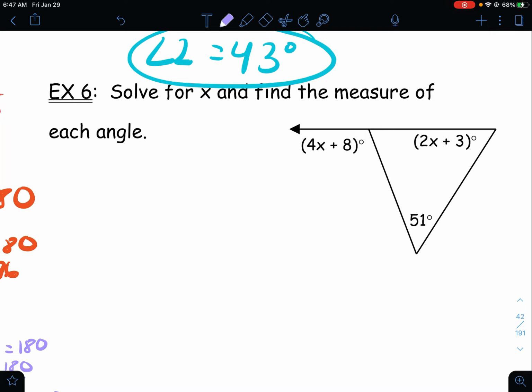So now it says solve for x and find the measure of each angle. So what we have to do here is we have to figure out, well, what theorem can we use, right? So I've got a triangle here, and I've got an exterior angle. This guy is my exterior angle. And if you notice, they gave me two remote angles along with the exterior angle.